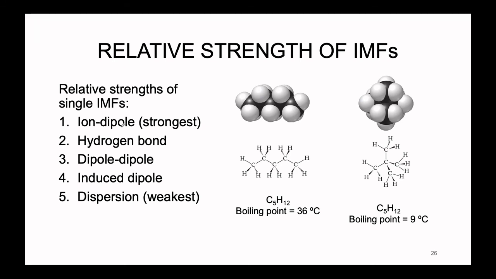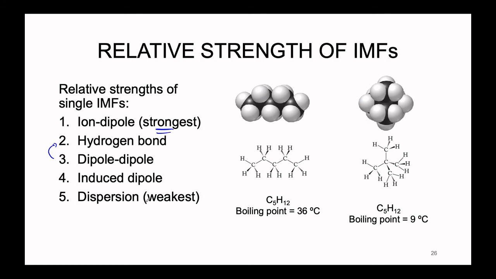And in general, if we were to compare one ion-dipole interaction, let's say, in contrast to one dispersion interaction, we would find that the stability between an ion and a molecule that is polar with a dipole moment is going to be much stronger than dispersion. And so here's the relative ranking. Ion dipole's the strongest. Hydrogen bonding is a stronger subset of the dipole-dipole case, so that's why it's listed above. Induced dipole comes after that, and dispersion is underneath.